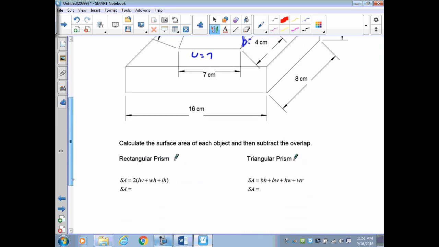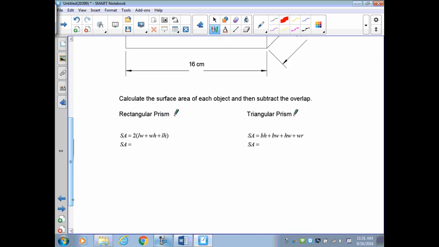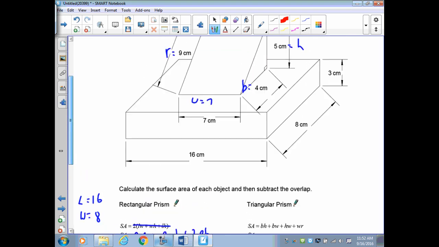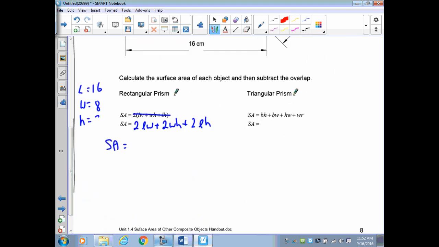So let's take a look at the two pieces of information. Again, I'm going to change this out and use the other formula. 2 length W's plus 2 WH's plus 2 length H's. So, doing the information, I'm going to go to my box first. My length is equal to 16, my width is equal to 8, and my height is equal to 3.